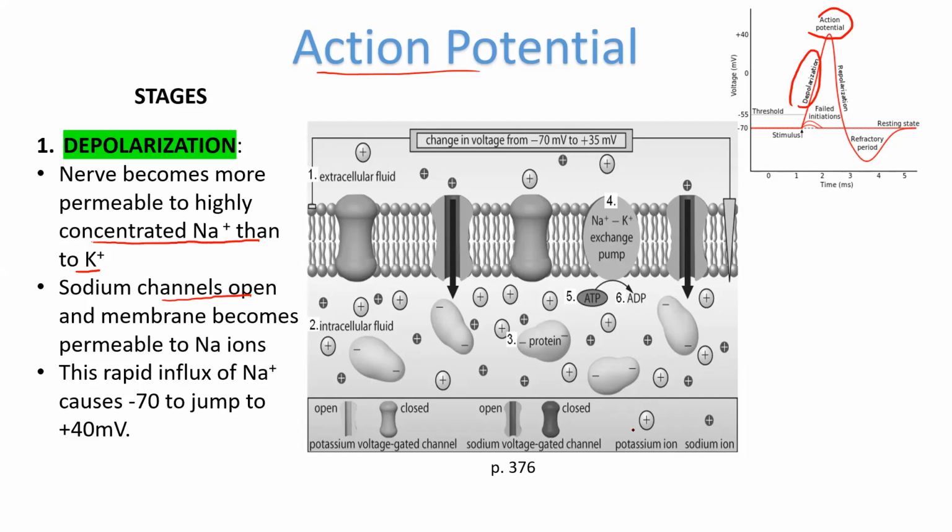So these sodium ions, the small pluses, they have gates. The sodium gate right here, the dark ones, open and sodium moves in. It rushes in. This rapid influx of sodium causes the negative 70 to jump to plus 40.